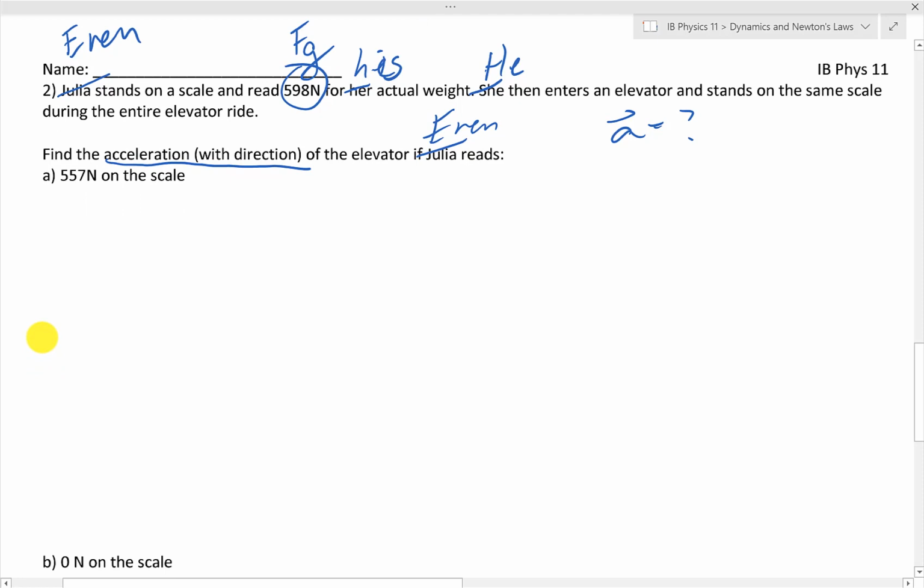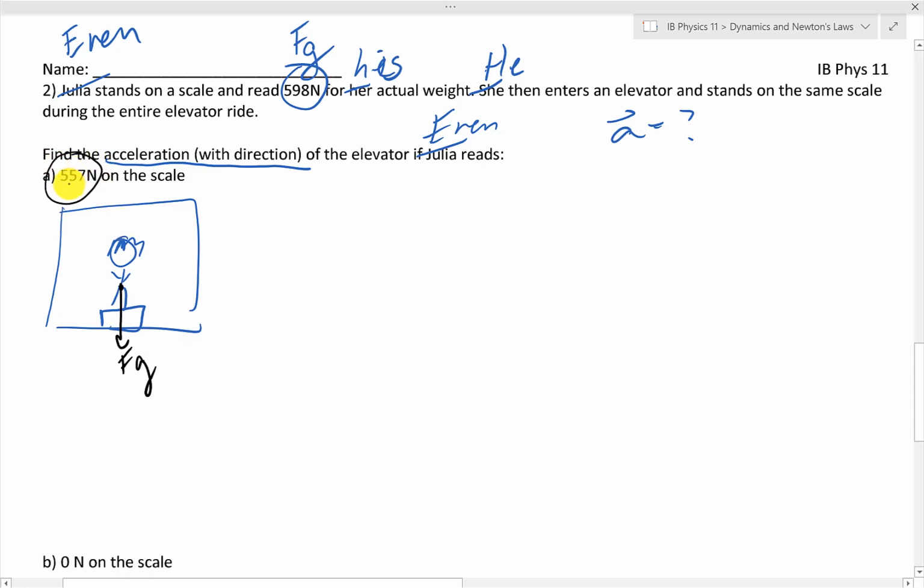Eren's going to step on the scale in the elevator, and this is his reading on the scale. So let's draw a free body diagram first. We have the force due to gravity acting on him, as well as the normal force. And it seems that this force over here is less than his weight here.